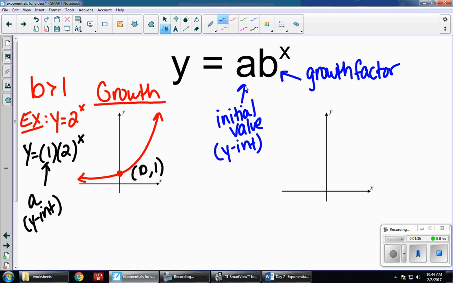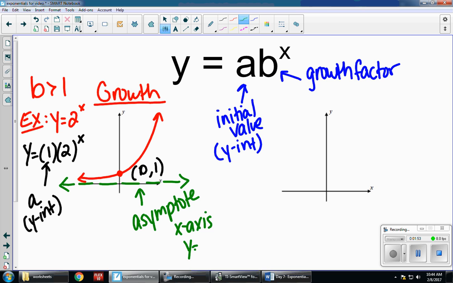Now, if you notice, this graph will never touch the x-axis. The x-axis is what we call an asymptote. It's a line that the graph will approach but never touch. So it's the x-axis or the equation y equals 0.